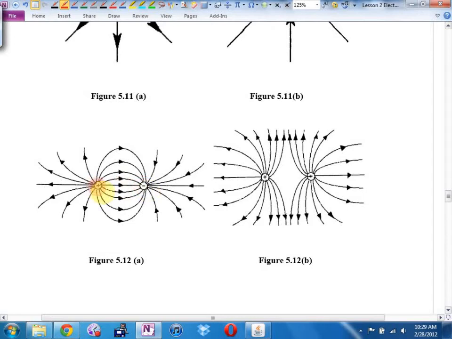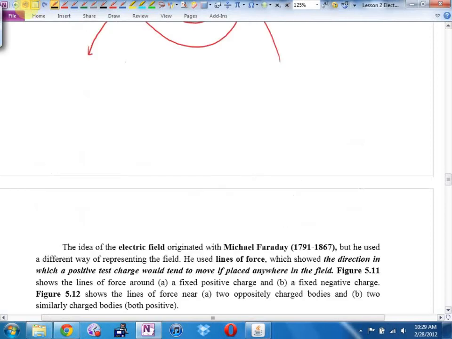What if I hadn't told you which one was positive and I'd given you this? Hint, hint, I like this question. How could you tell that the left-hand charge is positive and the right-hand charge is negative? Direction of the arrows. That would be a good multiple choice question, I think.